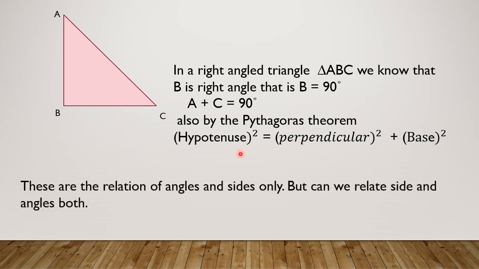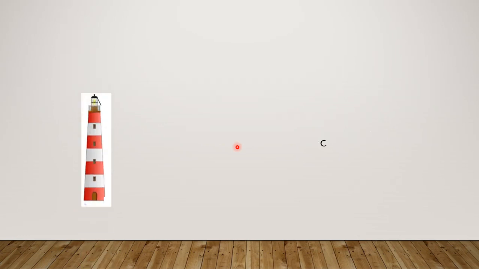What about when we combine these two relations, angles and sides? Can we write a relation which defines angles as well as sides? Let's discuss.